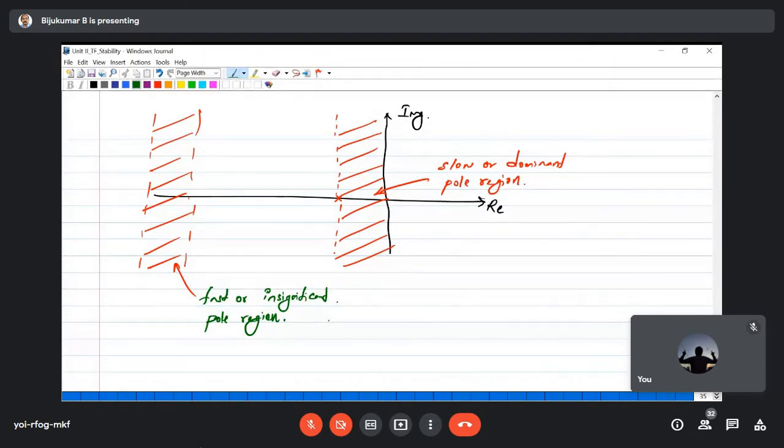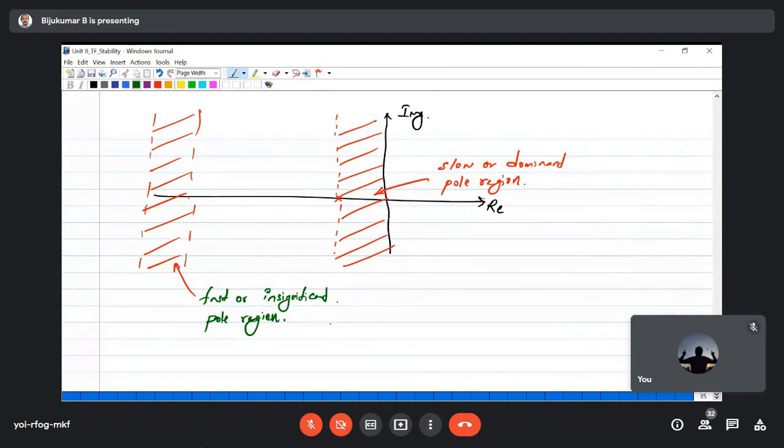According to our understanding, the pole located at the far location is an insignificant pole, right? Even though it is reaching steady state very fast, it has little effect on the output. So sometimes we can neglect that pole because it is not affecting the response of the system.